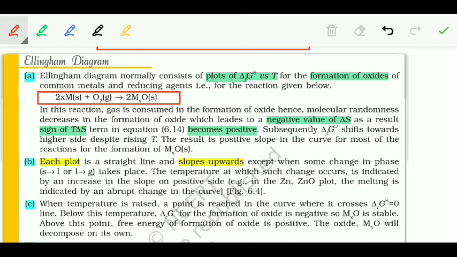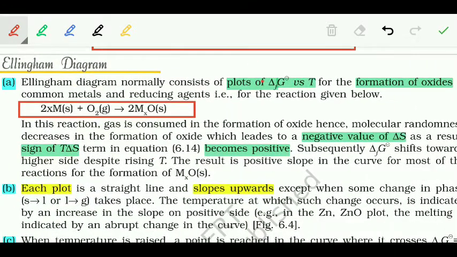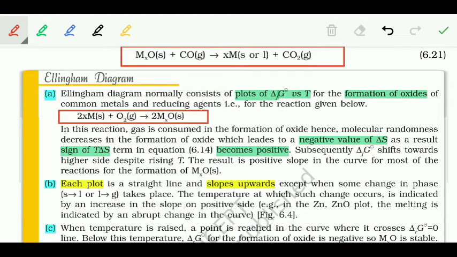The points above we already discussed in the thermodynamic aspects of metallurgy, but now we are concerned with the Ellingham diagram only. So the Ellingham diagram normally consists of a plot of delta G versus temperature. We already saw it. It is for the formation of oxides of common metals and reducing agents, that is for the reaction given below.